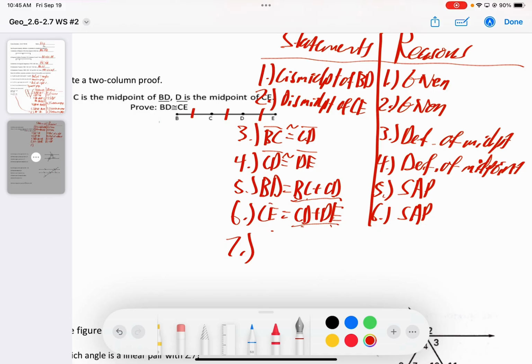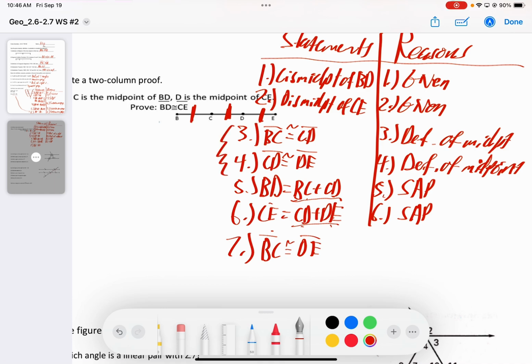Well, because of that, I also could say that I know BC is congruent to CD and CD is congruent to DE. So is it fair for me to say that BC is congruent to DE? If I know that BC is congruent to CD, but I know CD is congruent to DE, I can say that BC and DE are congruent, right?